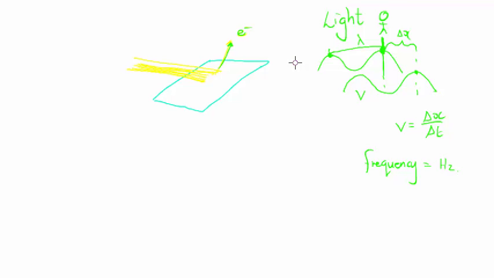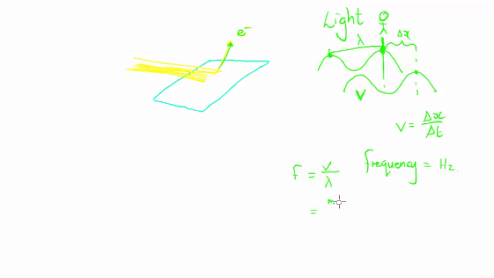Does that make sense? And the quicker the wave moves, the more crests I can count. So your frequency is directly related to your velocity, but inversely related to your wavelength.